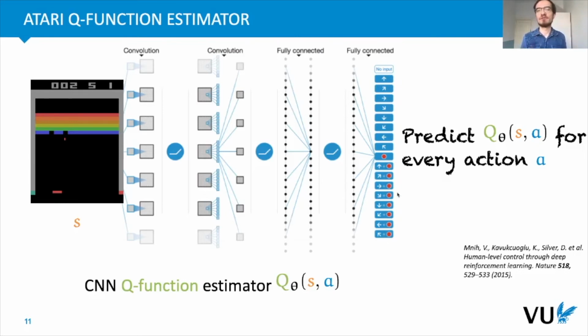So you just use a linear output. And that way, for every action, you're going to get a value. So in the output layer, you will get for every action, given a state, what the expected Q value is for that action. So we just use a linear output layer instead of a softmax or something else.